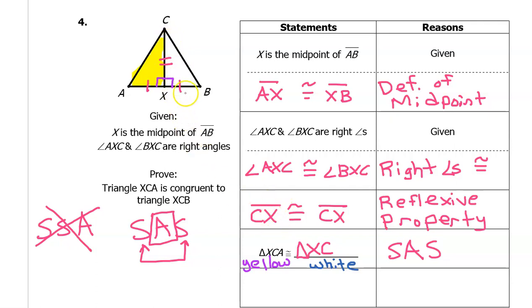So that only leaves white angle B. But it makes sense that yellow angle A will correspond with white angle B. And that's it. We can ignore the last row. We don't need it.